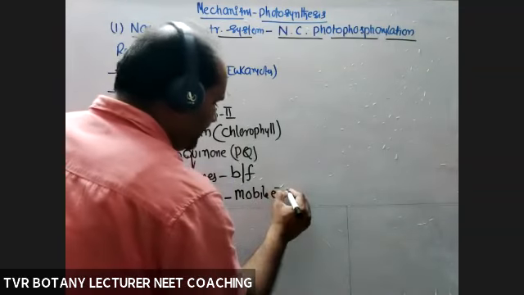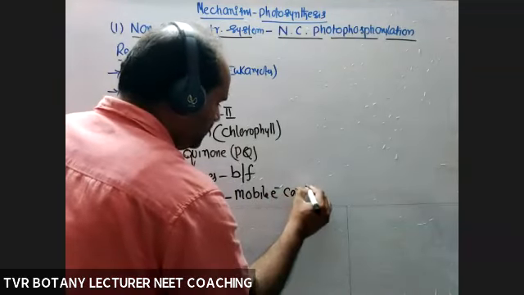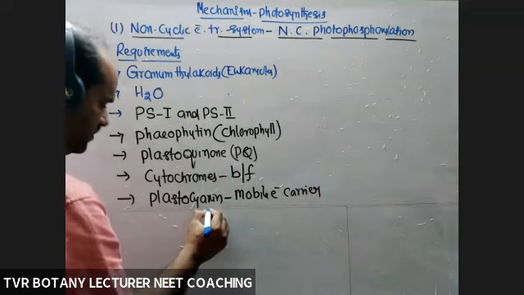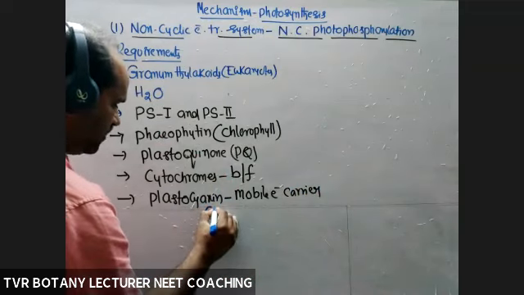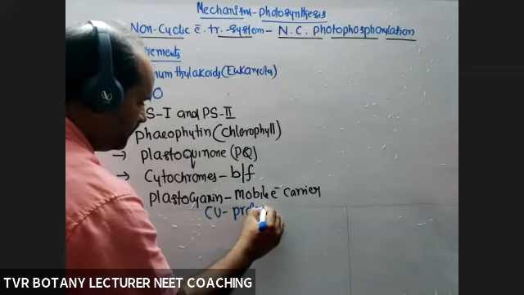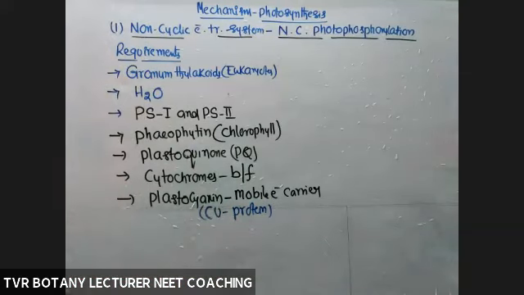It is a mobile electron carrier, and it is a copper containing protein also. Copper containing protein. And again, I will explain all these components at the time of mechanism.